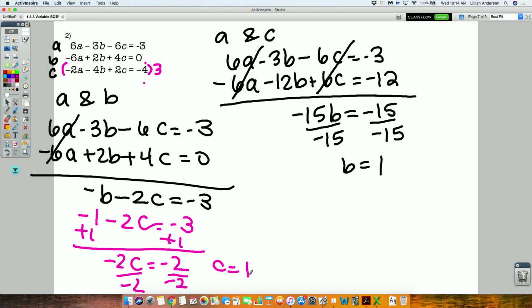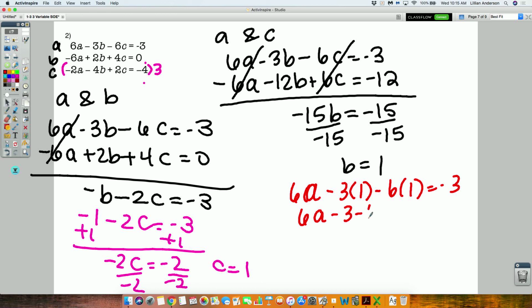And then I can plug B and C into one of the original equations. Doesn't matter. 6A minus 3 times 1 minus 6 times 1 equals negative 3. So that's 6A minus 3 minus 6 equals negative 3.